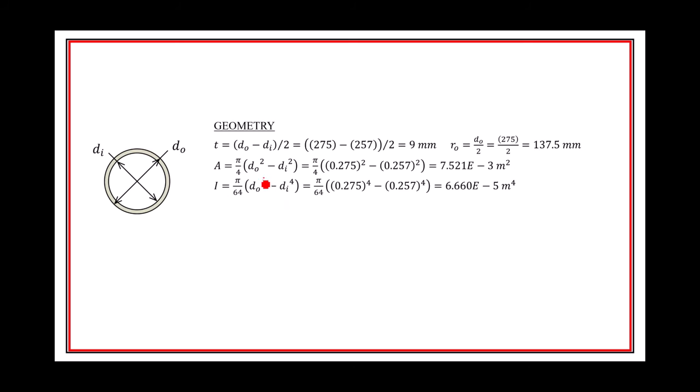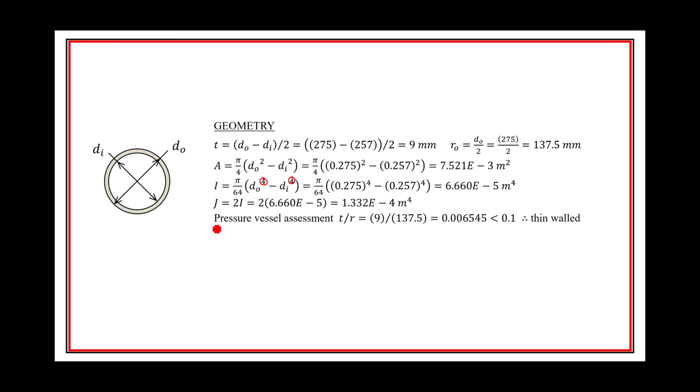Got to be careful: make sure that you don't raise the powers to the outside right there. They belong on the individual diameters, right? It'd be a different answer. So we get this, and then just because it's an axially symmetric section, it's just 2 times I for the polar moment of inertia.